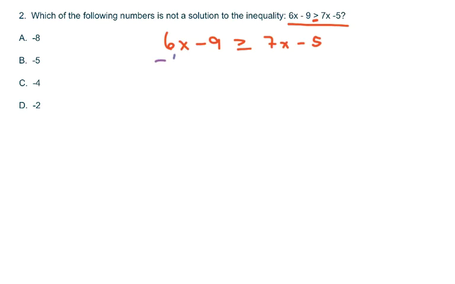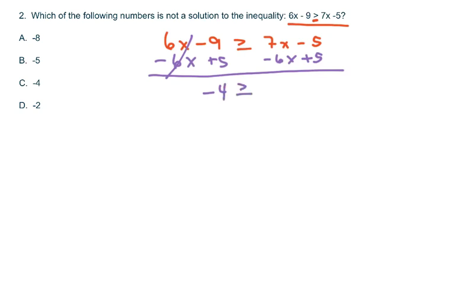I'm subtracting 6x from both sides, and I'm going to add 5 to both sides. And that cancels. You get negative 4 is greater than or equal to x, or you can say x is less than or equal to negative 4.